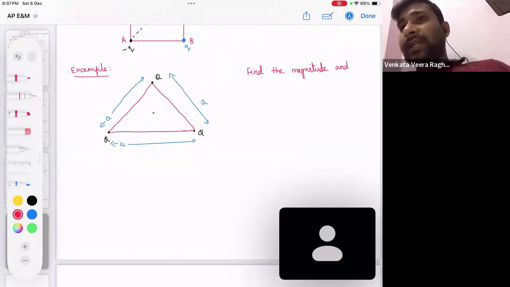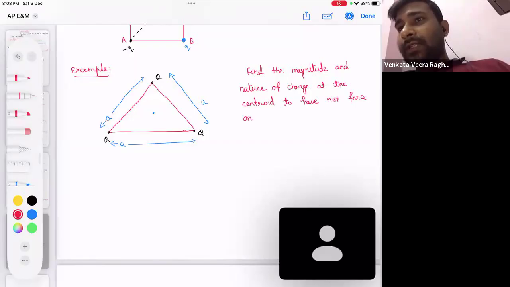Should I keep a positive charge there? Magnitude and nature of the charge at the centroid to have net force on the vertex charges as zero.